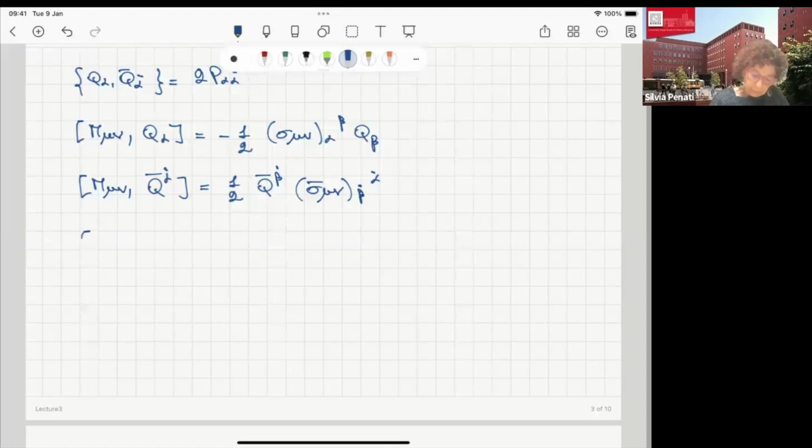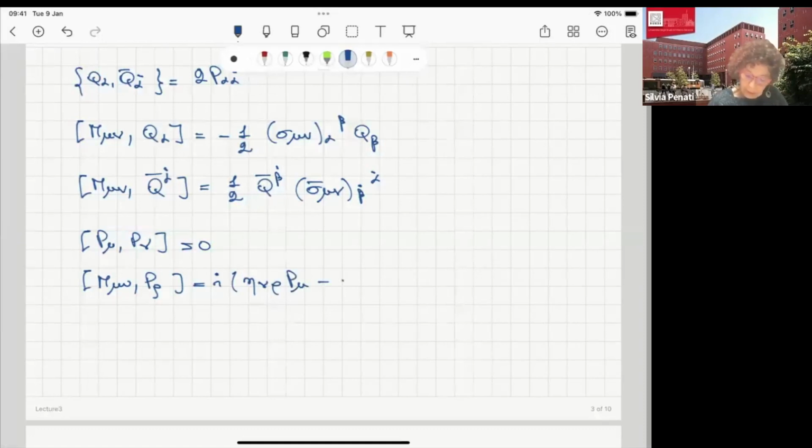And then you have the usual Poincaré algebra. So the commutator of P mu and P nu is equal to 0. Then we have a non-trivial action of M mu nu over P rho. This is i times eta nu rho P mu minus eta mu rho P nu.